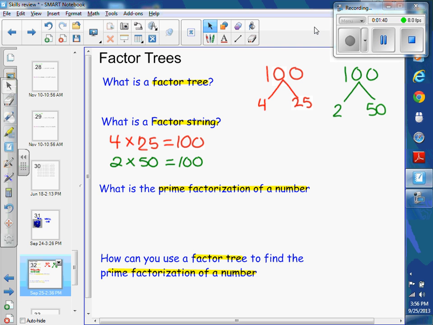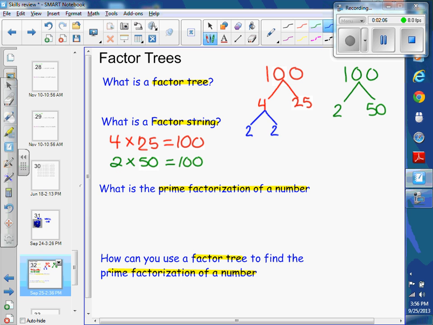You can also take each one of these factor trees and make them branch out more. So if I start with the red factor tree, I can now make a factor tree under 4 and break that down to 2 times 2, which would give me a third factor string for 100.